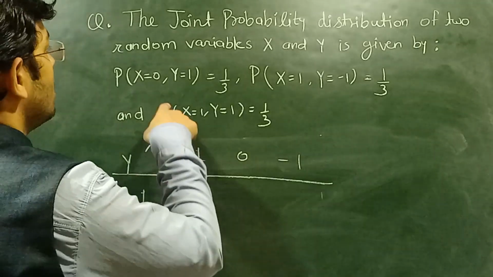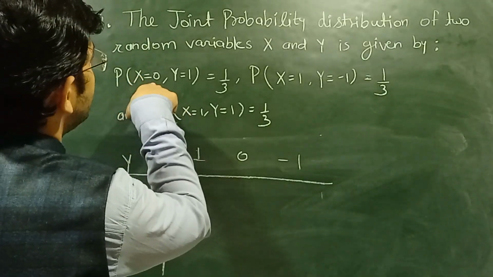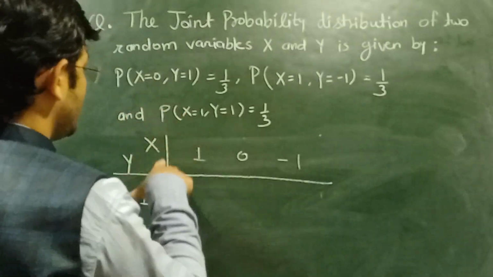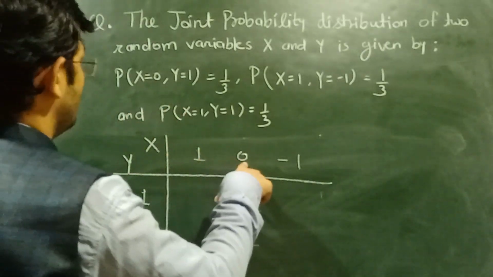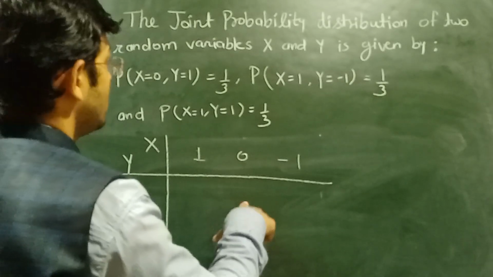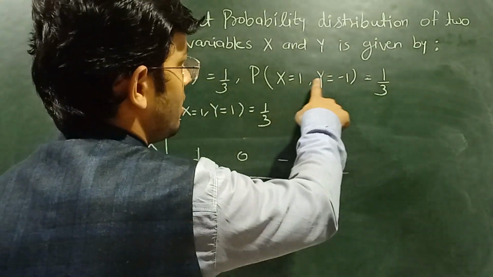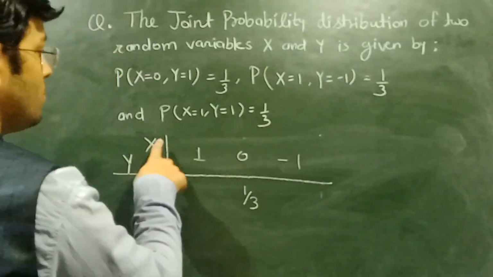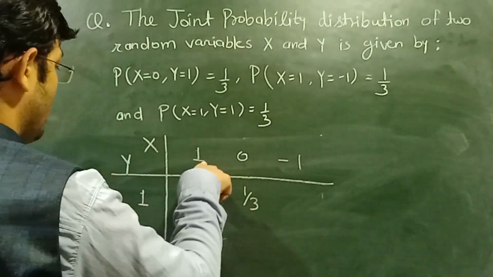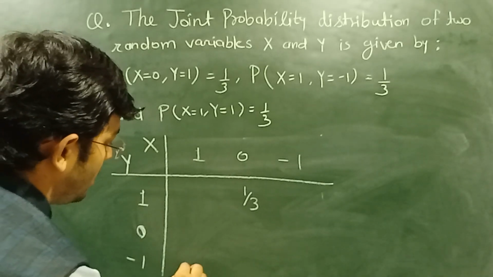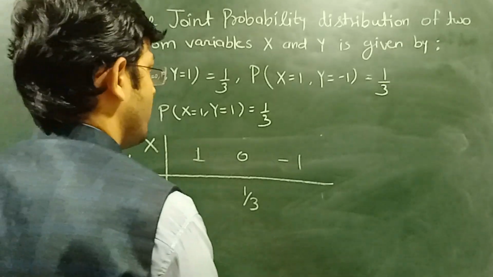Now we can see that x is equal to 0 and y is equal to 1 has the value 1 by 3. The second is x equal to 1 and y equal to minus 1, so we can write 1 by 3.